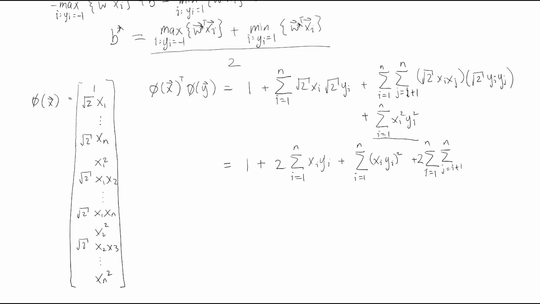And then we're going to have all the xi, yi, so we're going to group them this way. All 4 factors here: xi, yi, and then xj, yj. So it turns out that this is actually equal to 1 plus the summation from i equals 1 to n of xi yi, all of that squared.